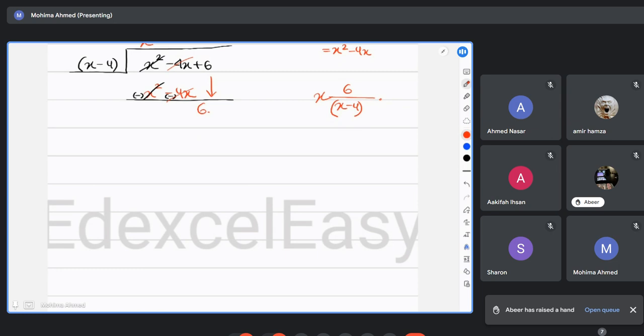Yes, Abir, I'll get back to you a little bit later. Now, for example, if you have 15 and we're trying to divide 15 by 2, the closest number that I can get is 14. So I'm going to get 7, that's 14, and the remainder turns out to be 1. If you simplify the mixed fraction, you're going to end up with 15 by 2, which was your original fraction, right?